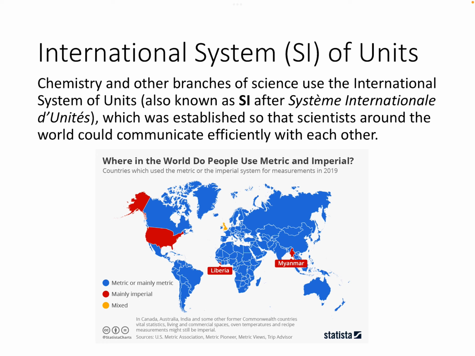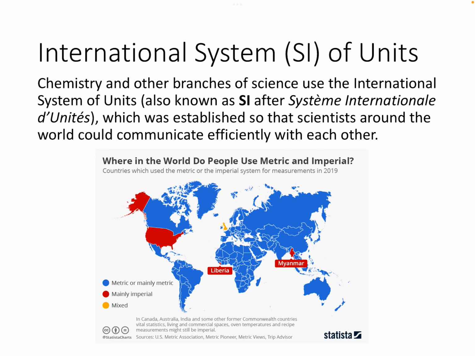Now, in the US, we use what's called the imperial system. So that's going to include feet, inches, pounds, etc. But most of the rest of the world uses what's called the metric system. And the metric system is much more useful because it's multiples of 10.